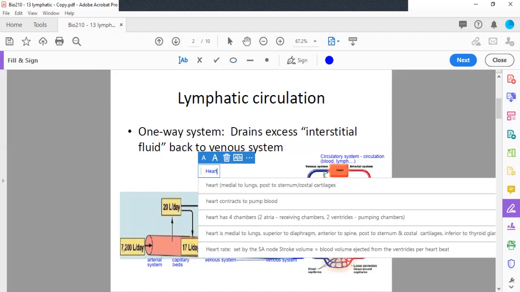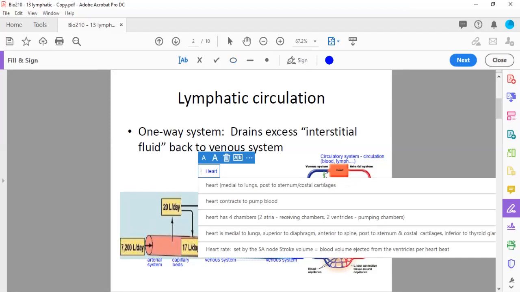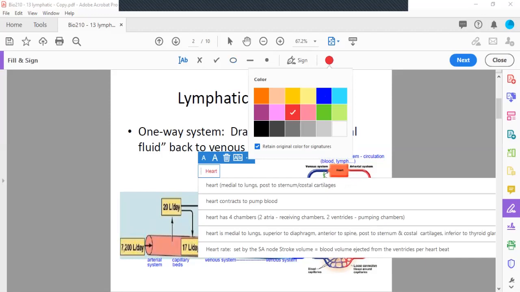You might want to ask which part of the heart it goes back into, right? The answer is it goes back into the right atrium of the heart. But for now, we'll just use the word heart. Makes it easier for you guys. And I'll make it the color red.